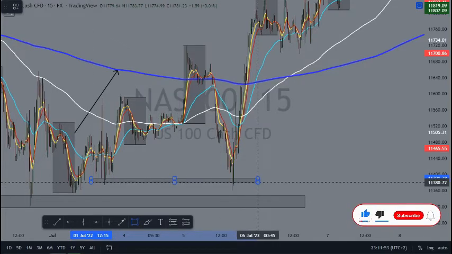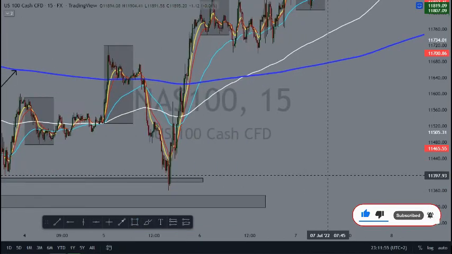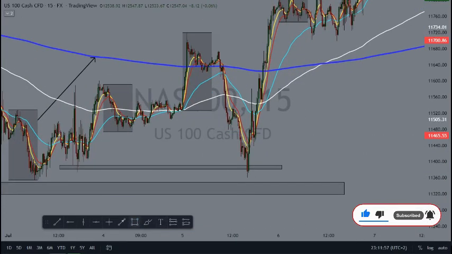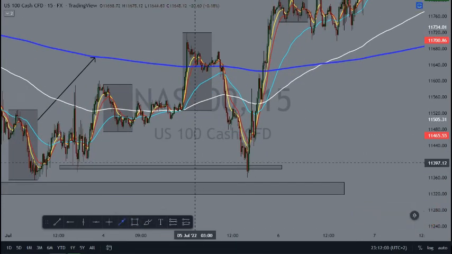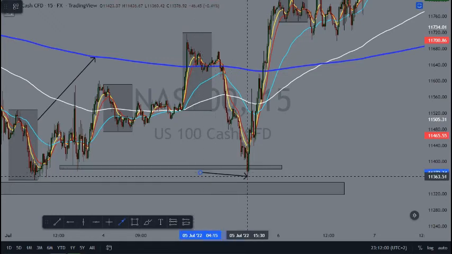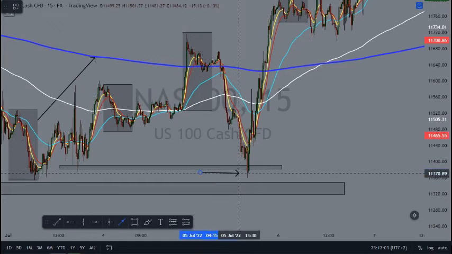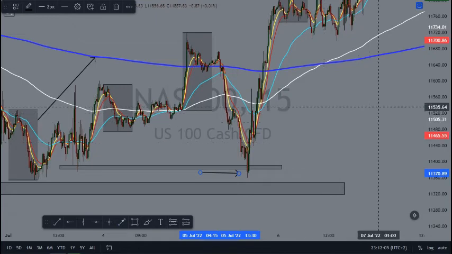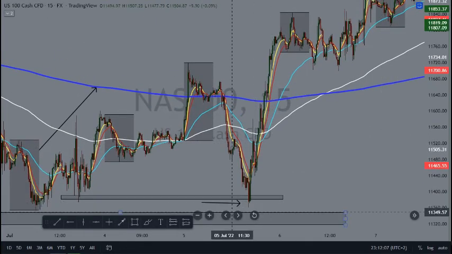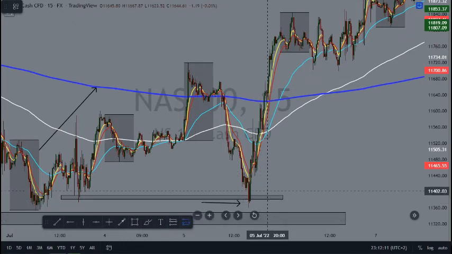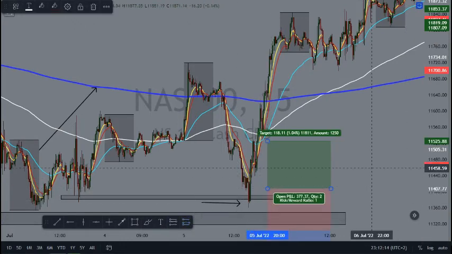You can see the market walked these lows, and some traders took this as a sell, but we are not in that game of gambling. Some traders took this as a sell, but we know that this is a stop hunt low, and this is where we are going to risk a small amount of capital in order for us to grow our account.